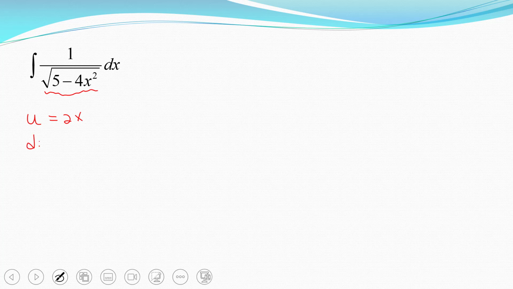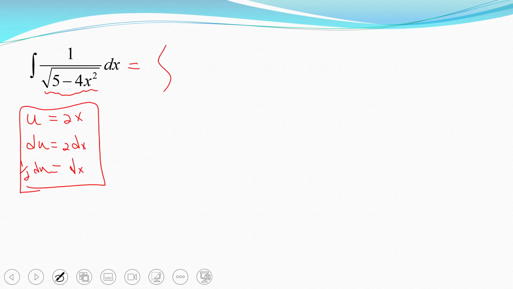So then du would be 2dx. So that dx is really 1/2 of a du. I'll use these in here to get the integration of, well, dx is 1/2, I have a square root of 5 minus u squared du.